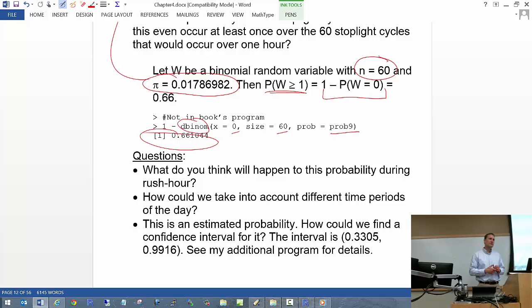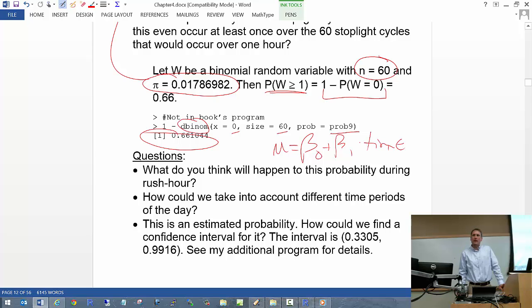Include a variable that has the amount of gas during rush hour versus non-rush hour. Include a variable for what? For time of day. So maybe if our mean is going to vary as a function of the time of day, you could do something simple like this: mu is equal to beta 0 plus beta 1 times time, depending upon how you define time.